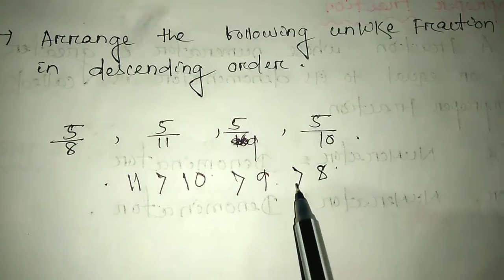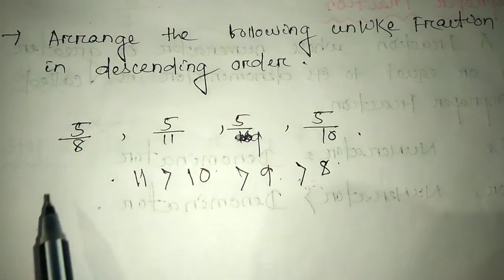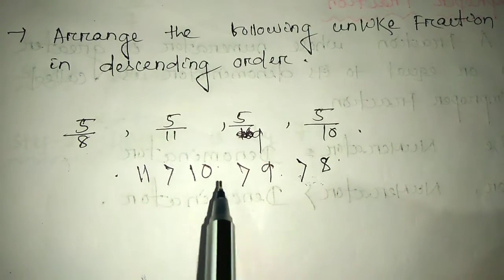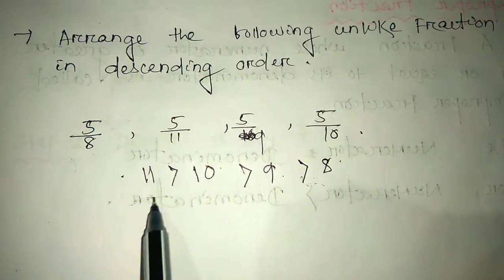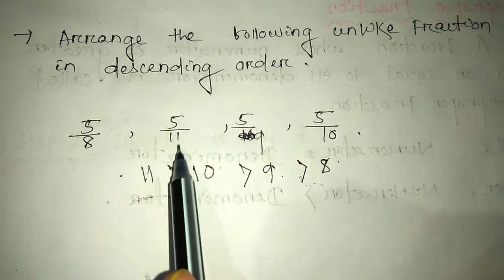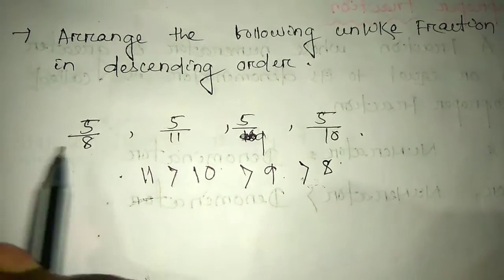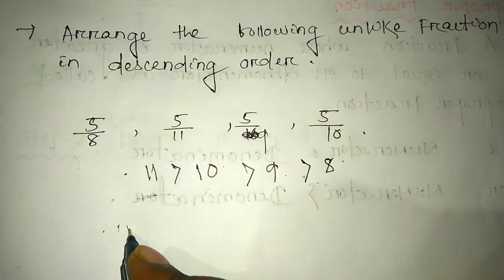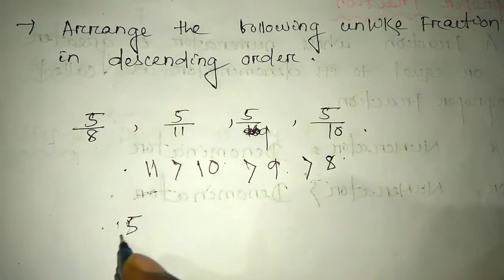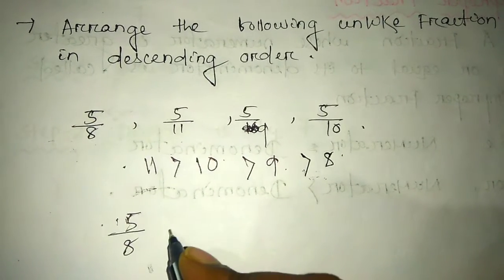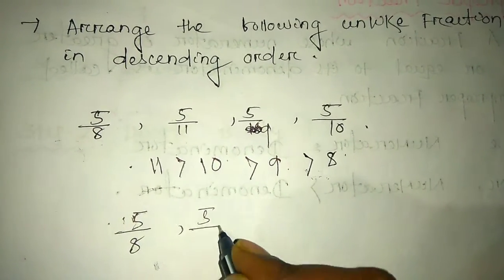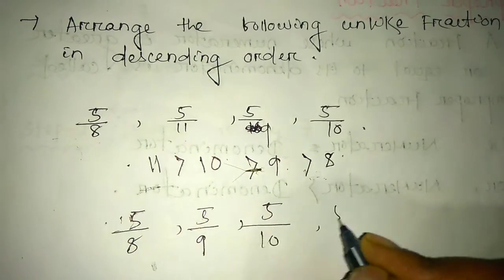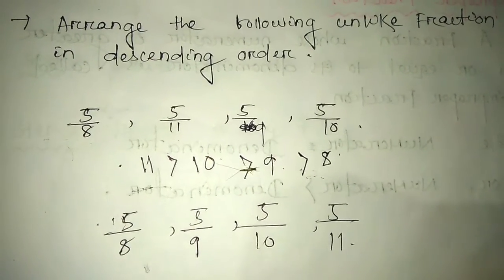So the fraction having denominator 8 is the greater fraction, and the fraction having denominator 11 is the smaller fraction. So you have to arrange them in the descending order: 5 by 8, then 5 by 9, then 5 by 10, and then 5 by 11.